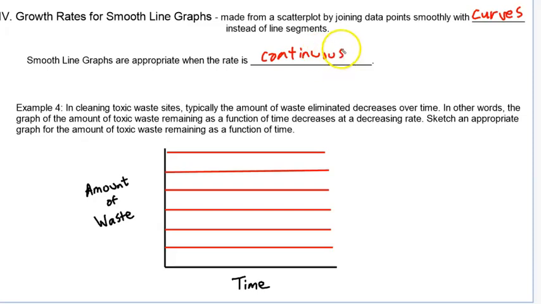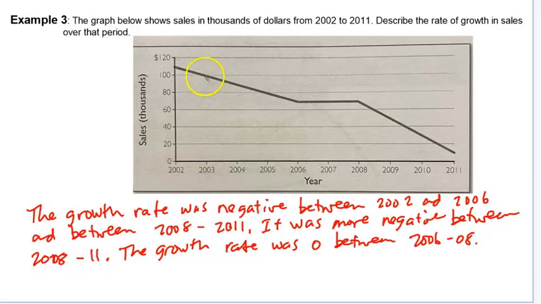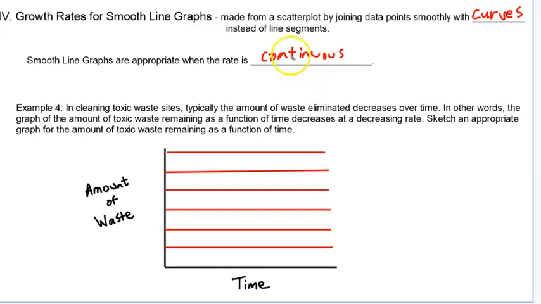So in other words, using our previous example, we had a period where we had growth of 0. A smooth line graph is typically always decreasing, or always increasing. You don't have any of these intervals where it's changing from one to the other. It'll always be going in one direction, either positive or negative.